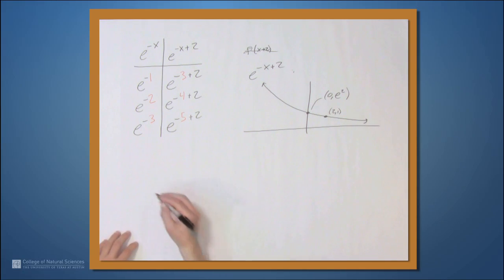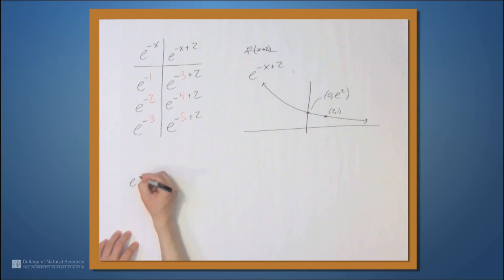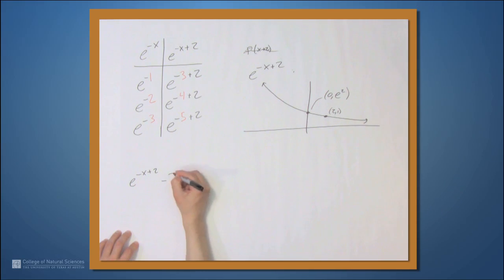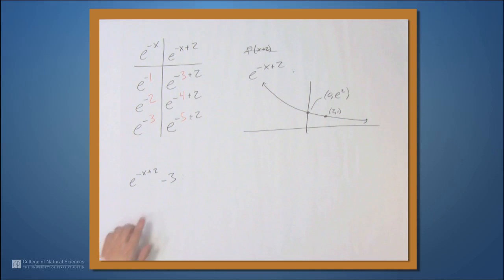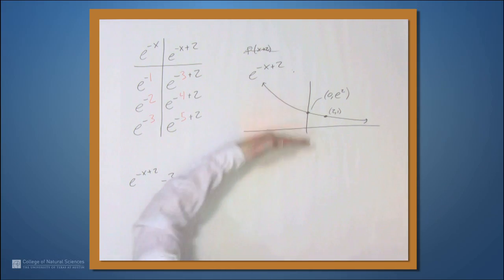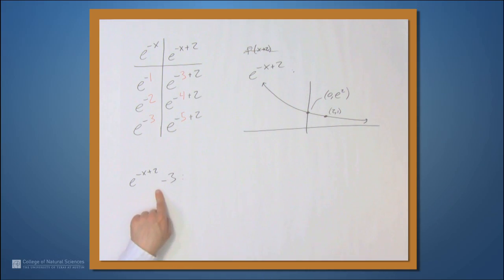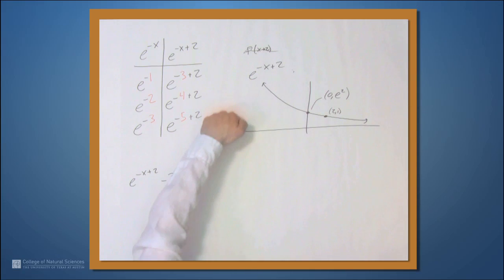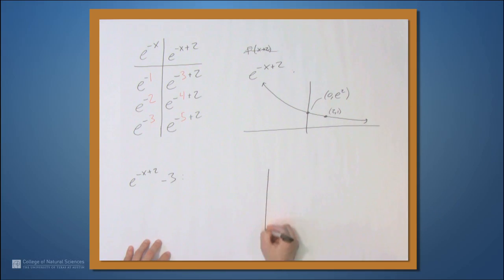The last thing to do is to graph e to the negative x plus 2 minus 3. So when you subtract 3 from the output of this function, or when you add or subtract any constant, that just shifts the graph up or down. So if we're subtracting 3, that's going to shift the graph down by 3. So we get something that looks like this. Now let's draw the asymptote.